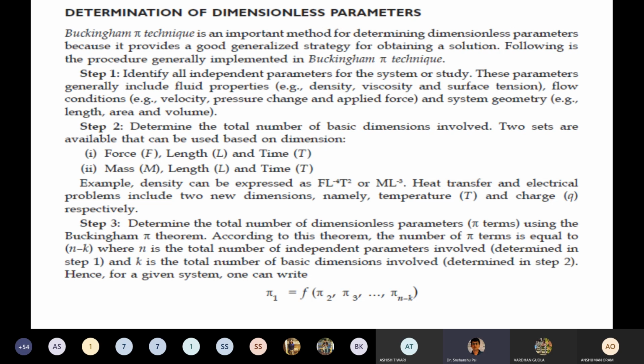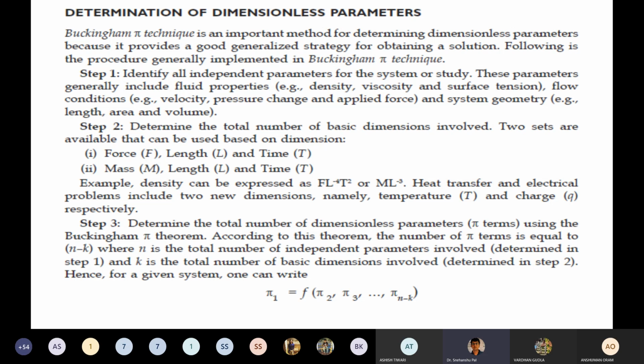Then you can determine the total number of dimensionless parameters, that is, pi terms, because pi itself is dimensionless, so they are represented by pi terms. Using the Buckingham pi theorem, the number of pi terms is equal to n minus k, where n is the total number of independent parameters determined in step 1, and k is the total number of basic dimensions involved in the form of MLT, determined in step 2.